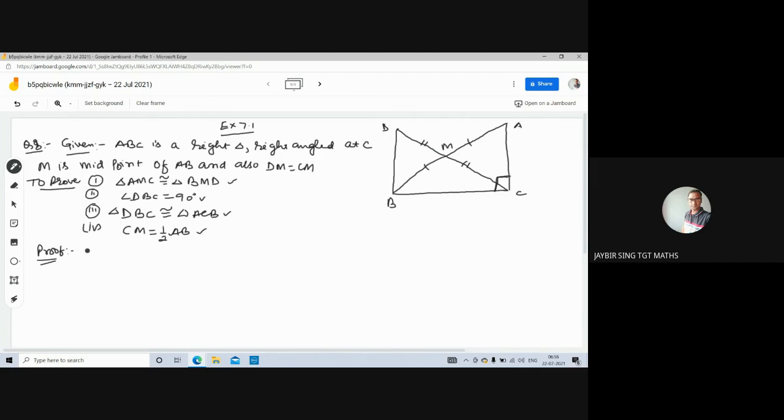Let us start the first part. We will be taking these two triangles, AMC and BMD.